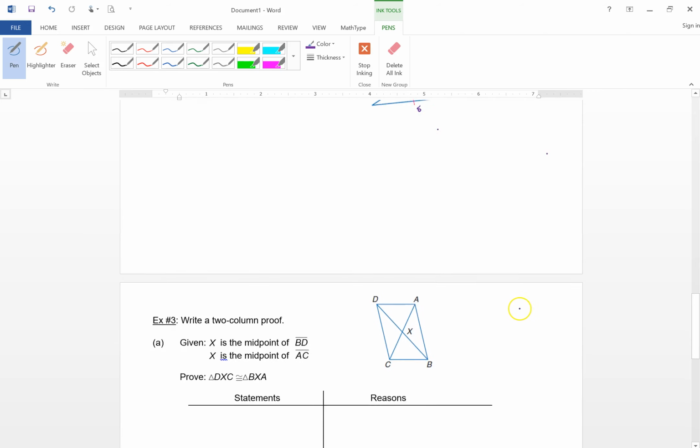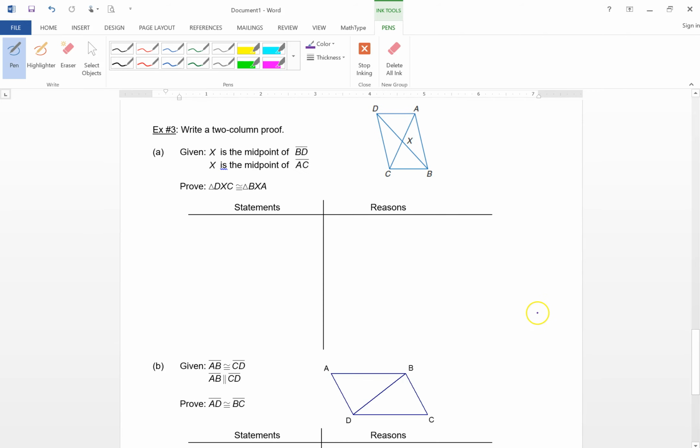And finally, here are some proofs. So here it says X is the midpoint of BD, meaning this and this are congruent. X is the midpoint of AC, meaning these 2 are congruent. So let me write that up. X is the midpoint of BD.